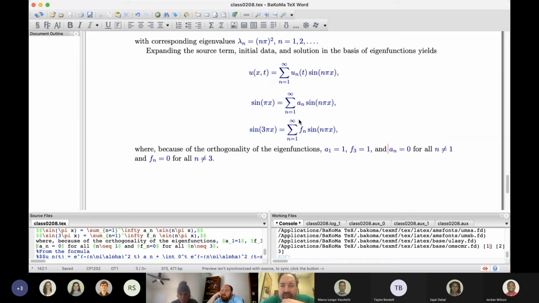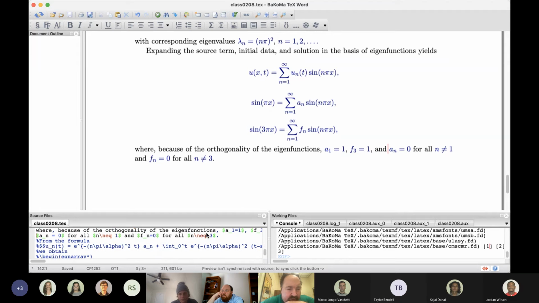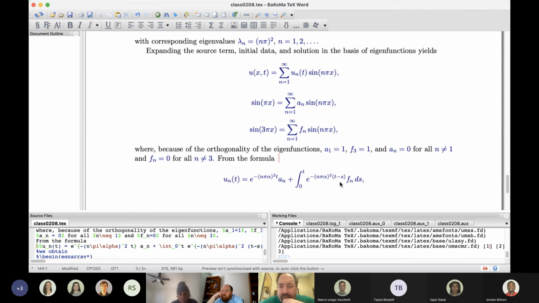So now that I have these coefficients, I can describe the non-homogeneous ODEs I'm going to solve. So here's my solution formula, where I filled in the lambdas, n pi quantity squared, and we also have the alpha squared from the PDE that goes in here. I just need to fill in the a's and the f's.